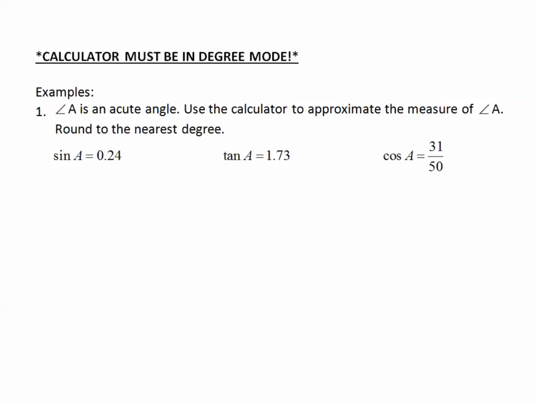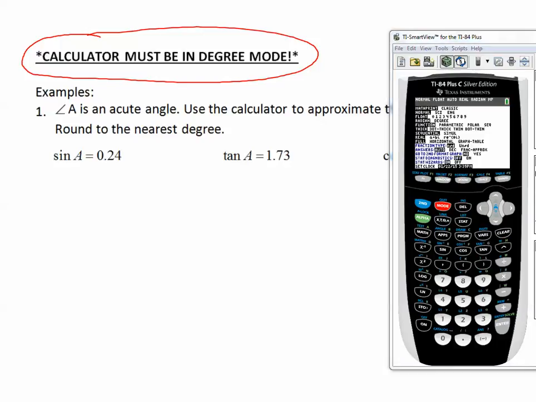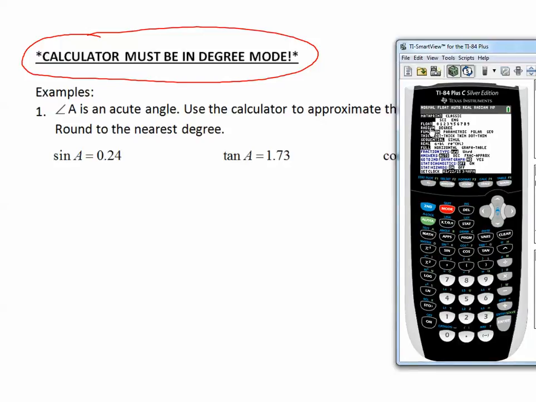Since we're going to be typing in our calculator, it's very important that our calculator is in degree mode. What does that mean? Let's go look at our calculator and find the mode button. If we look at this list, about 4 rows down, it says radian, and next to it, it says degree.